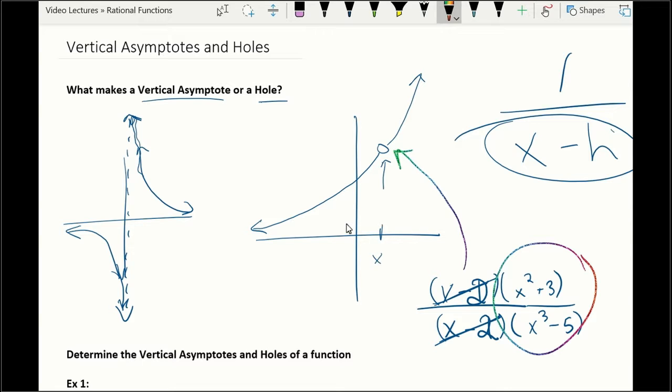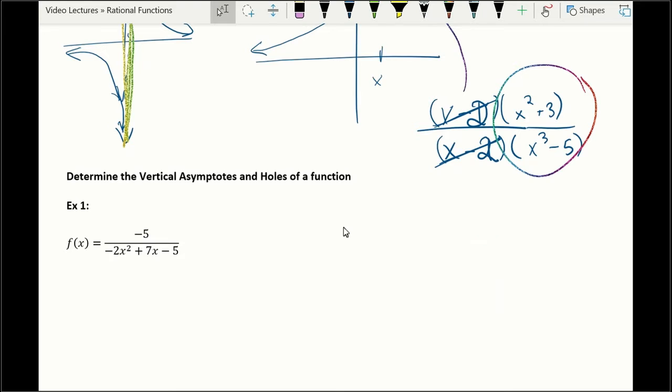And that's why we're getting this hole. Otherwise, whatever's left in the denominator is going to make these huge breaks in the function, where the function is not going to be defined at that point, and it's still going to do weird things nearby. So let's do some examples.